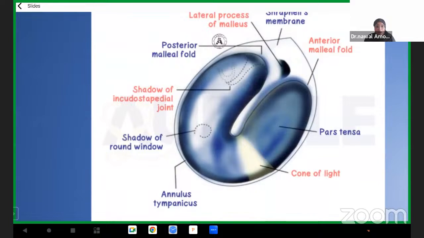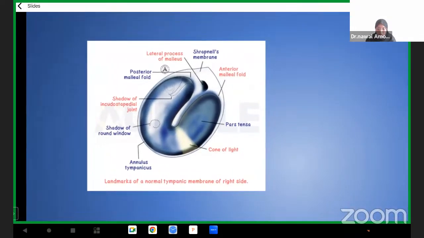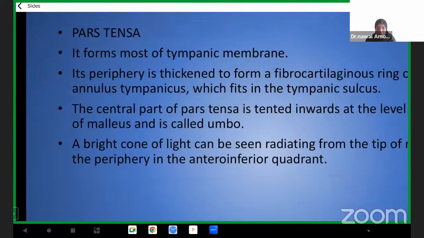You have a shadow of round window, pars tensa. You have a cone of light. You have annulus here. You have shadow of a joint, the stapes and malleus joint. This is how you can draw the diagram, any one diagram. So, coming to a brief part, the parts of tympanic membrane: pars tensa forms most of the tympanic membrane.